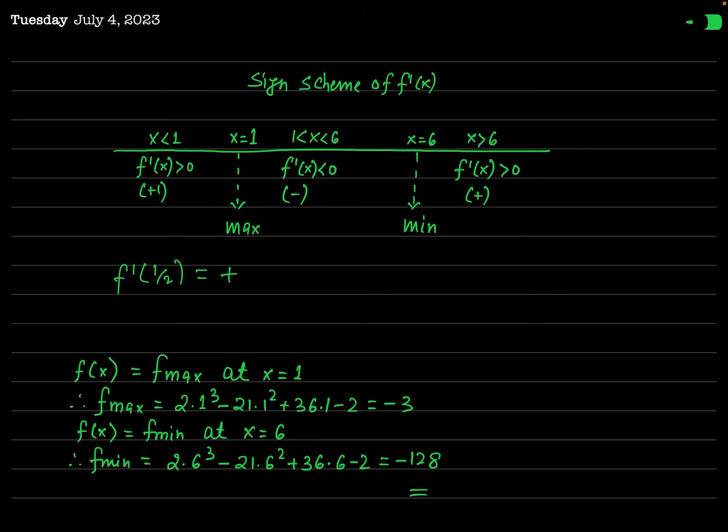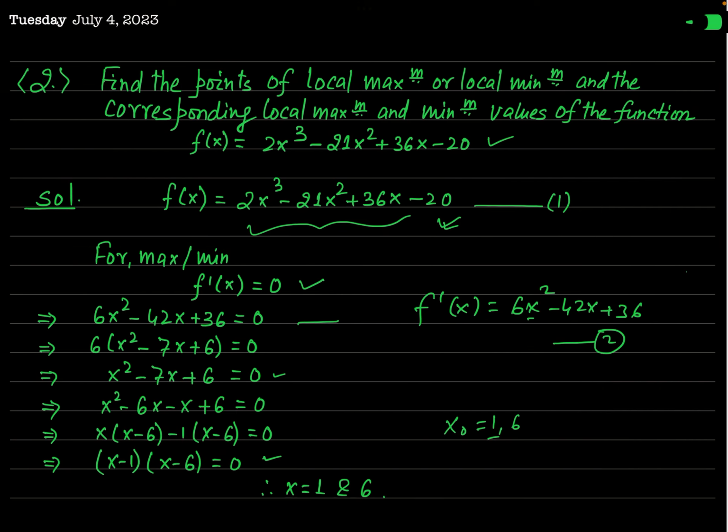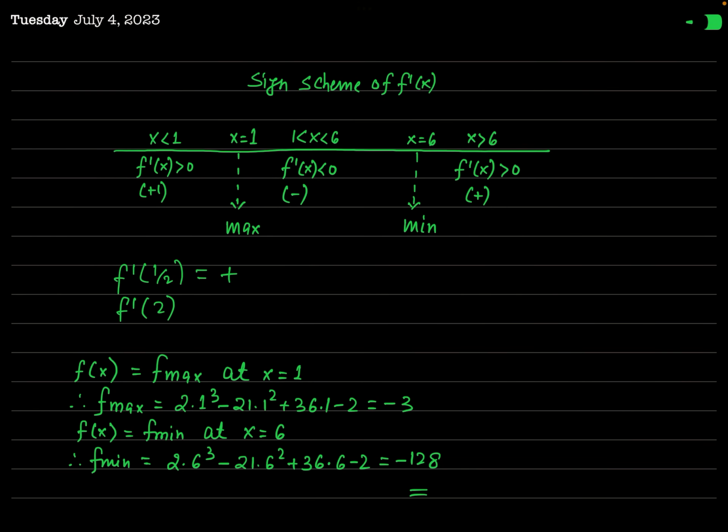And now let us put the value of x which is greater than 1 but less than 6. Let us say for example we put x equal to 2 in this equation 2. I am not doing the algebra, you can do it, and then you will see that this value will be negative.